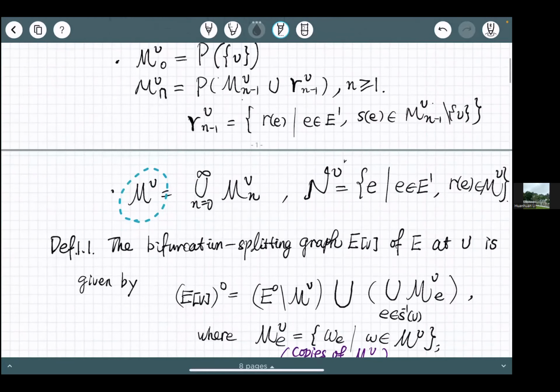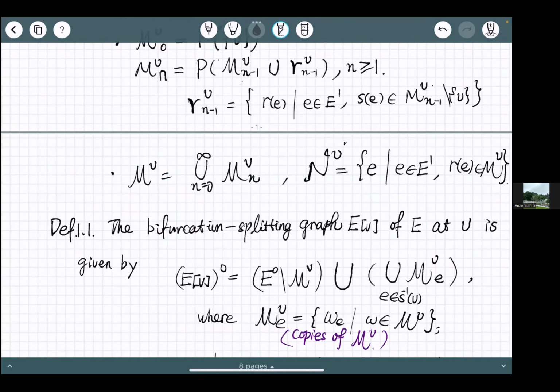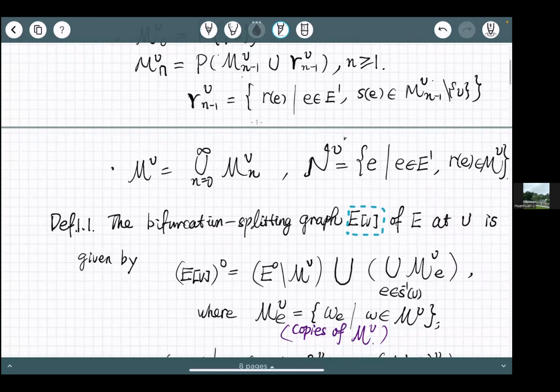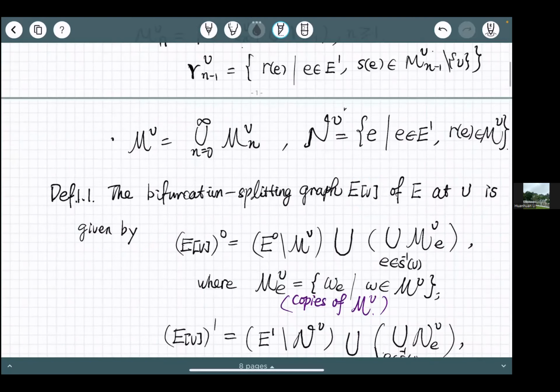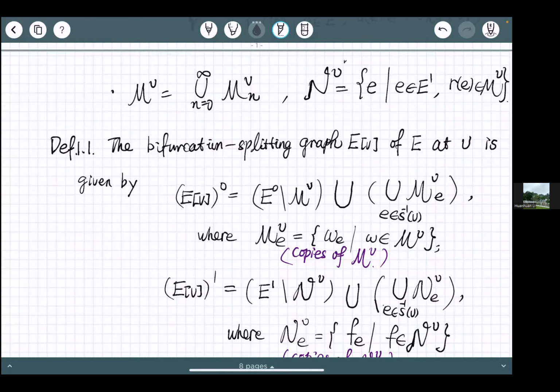Now we will give the definition of the bifurcation splitting. E is given and v is a bifurcation vertex. The bifurcation splitting graph, which we denote by E_v, is given by this data.